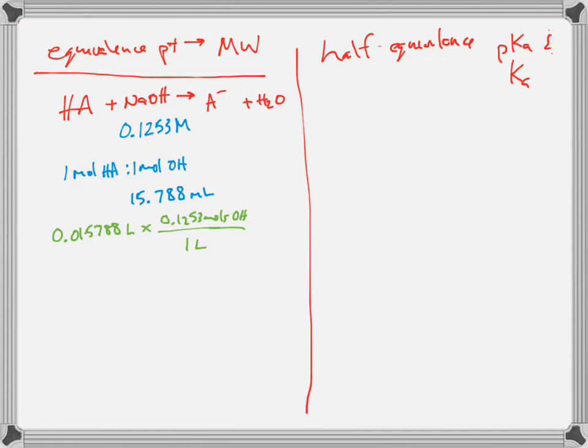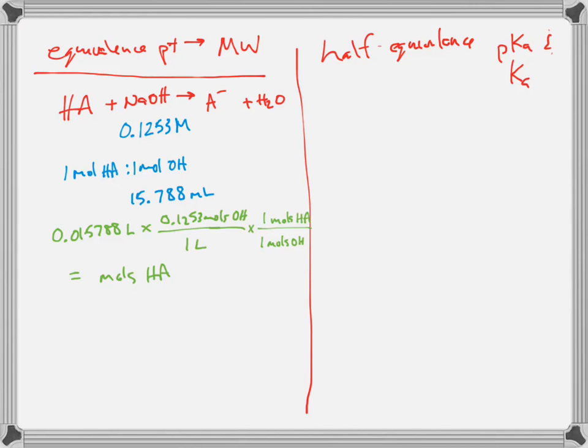What do we know about the moles of base versus the moles of acid? 1-to-1 ratio. What did we just determine based on this calculation? The moles of our unknown acid. That's kind of helpful.